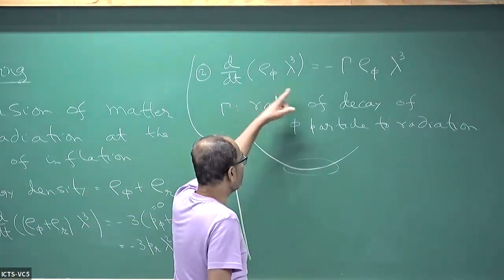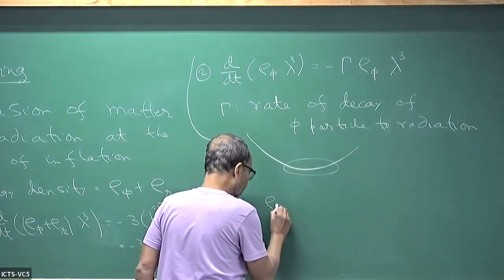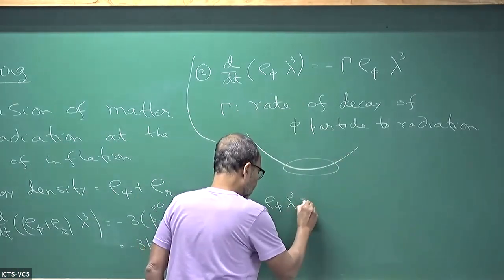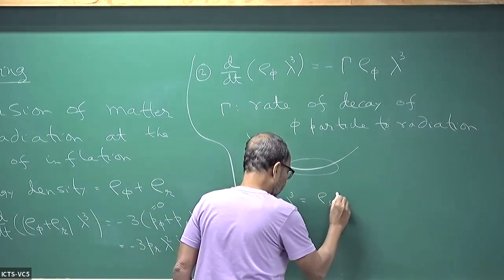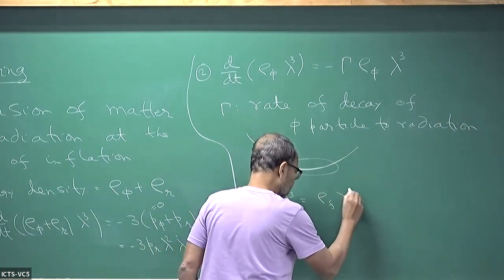Okay. So this equation has a simple solution. So rho phi lambda cube is, let me call it, rho f lambda f cube.